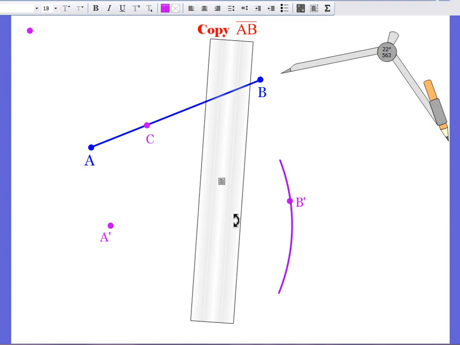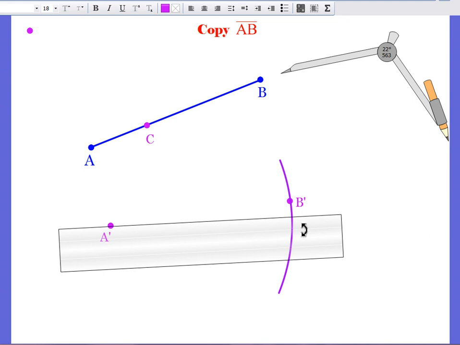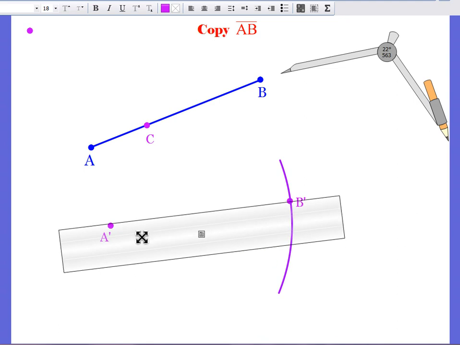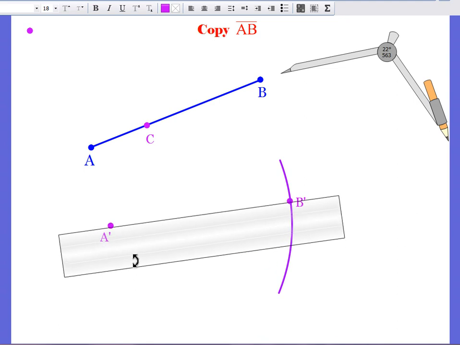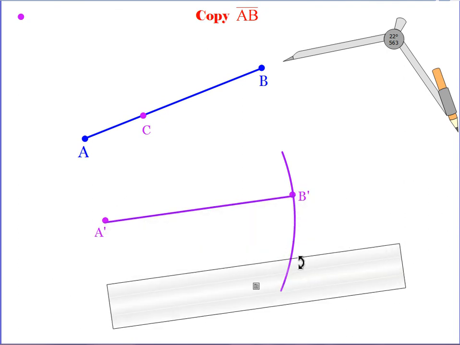And now if I bring in my straight edge and draw a straight line between those 2 points from point A prime to point B prime, we now have a perfect replica of our original segment. It might not go in the same direction as our original segment, but it's guaranteed to have the same measure, and that's what we're going for when we copy a segment.